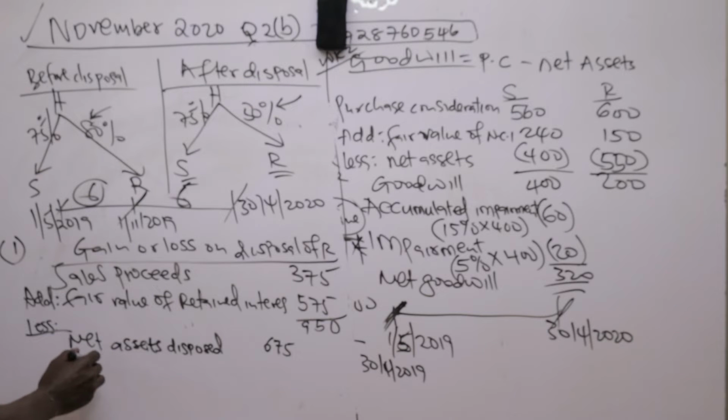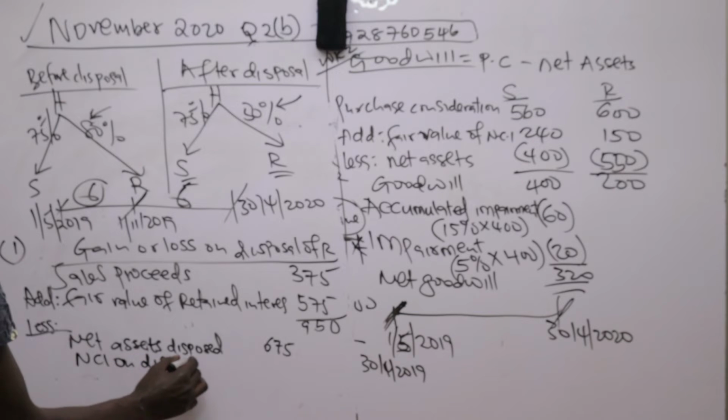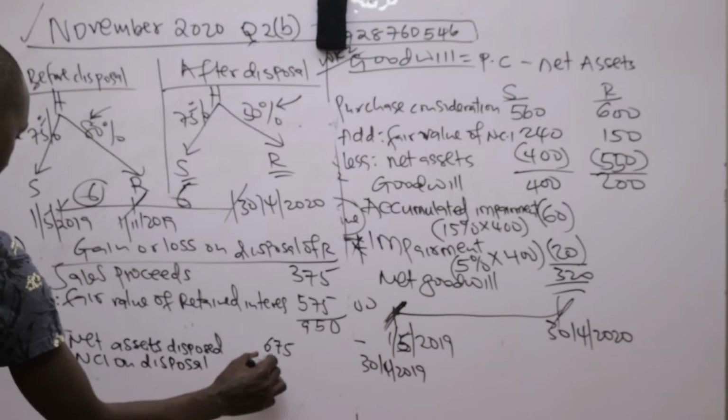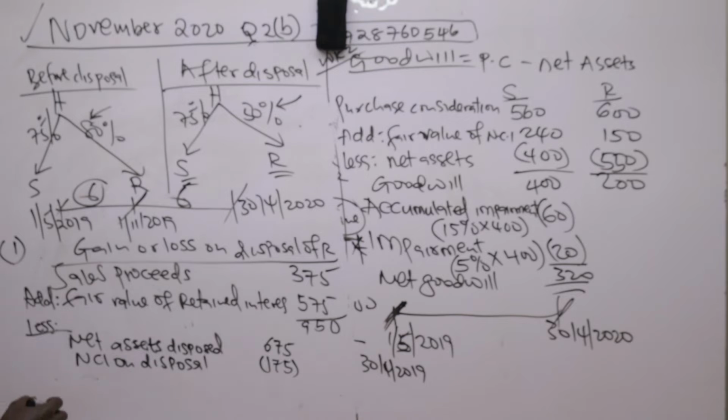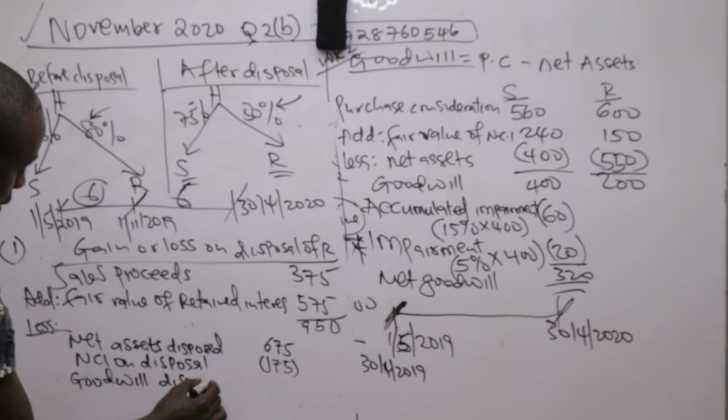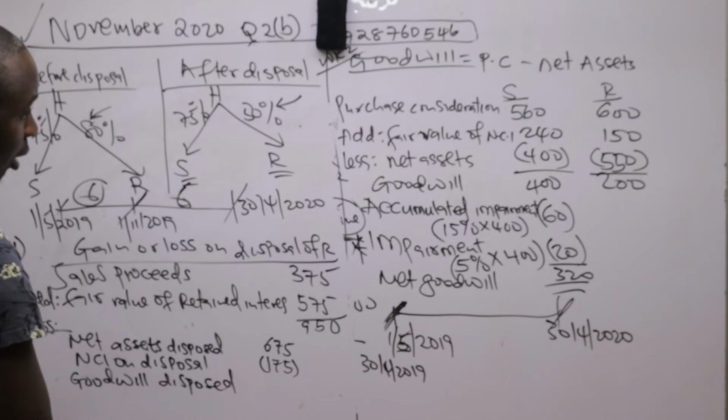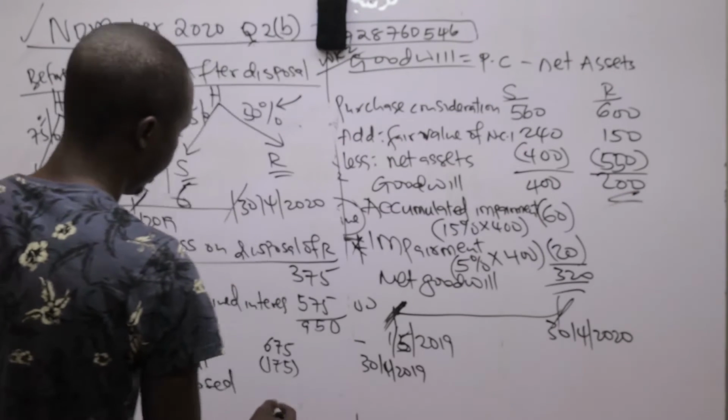So the NCI on disposal is the carrying value of 175. Then now we consider what? Goodwill disposed. Remember that R was disposed and its goodwill now is 200.